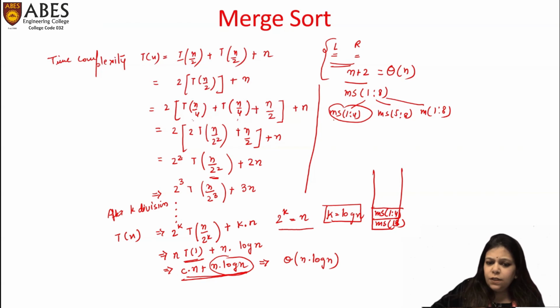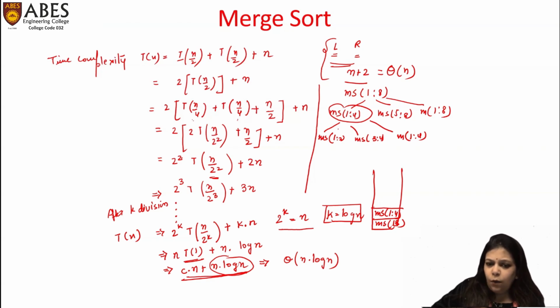And then for this call, first it will calculate merge sort 1 to 2, and then merge sort 3 to 4, and then it will merge the elements from 1 to 4.